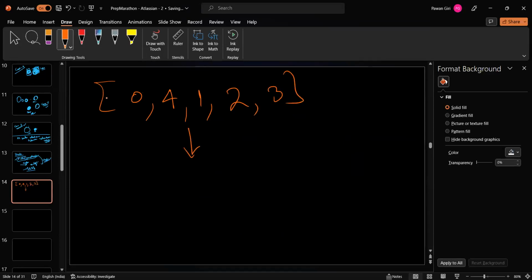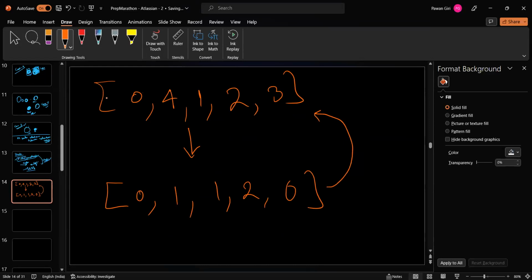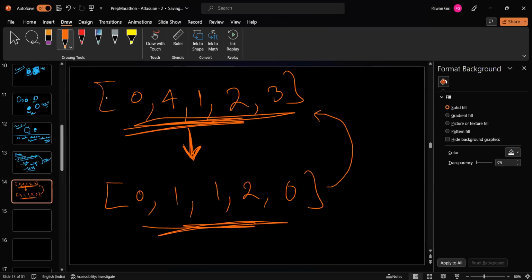So from this array, how to get this 0, 1, 1, 2, 0? How to get this array? Because we already saw from this array, I can generate this array. What is the relation between these arrays? How to get this array from this array? So you are given this array and you want to get this array. What is the relation?